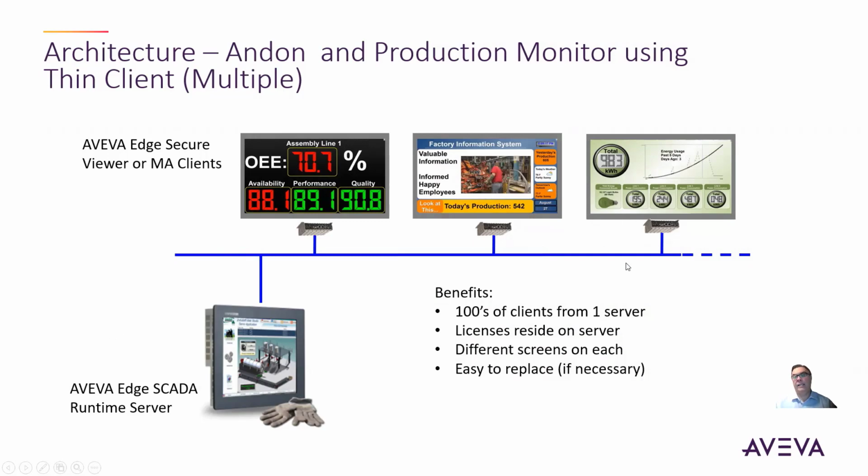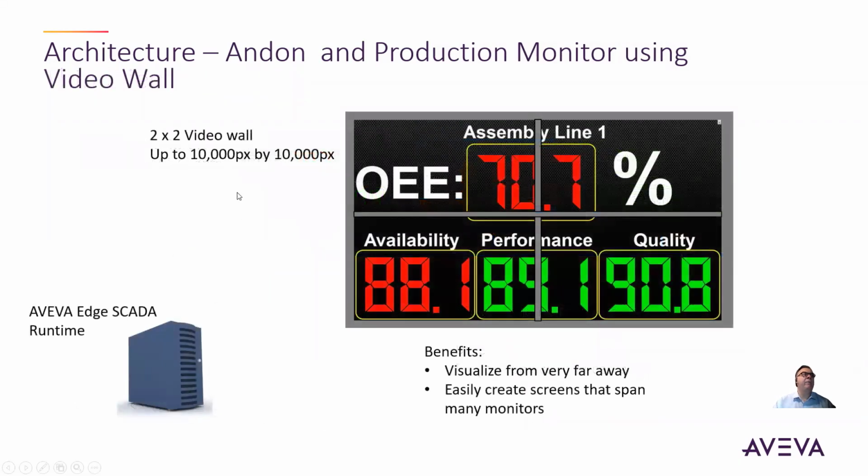Now, expanding upon this idea a little bit, is this type of application where you have a video wall with multiple big screen TVs. In this case, I've got four TVs in a 2x2 matrix, and these could be 4K screens or 1080p screens, and it doesn't have to be a 2x2 matrix.